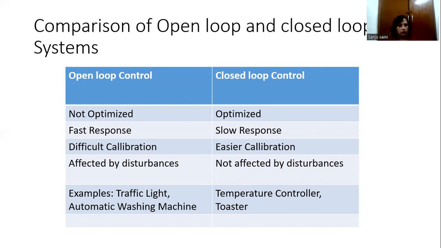So it is a closed loop system, meaning it measures the output temperature, that is the temperature of the room, with the help of a sensor, and depending upon the value of that temperature, the controller will take the control action to make the temperature equal to the desired one. Then we have a toaster. It looks at the quality of the output that is being produced. So it is again a closed loop system.